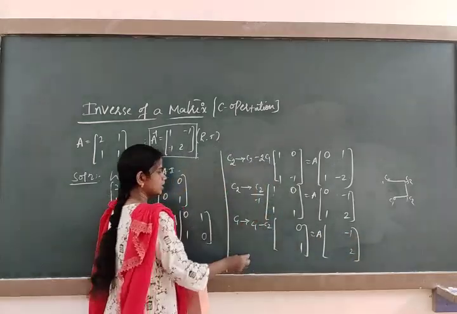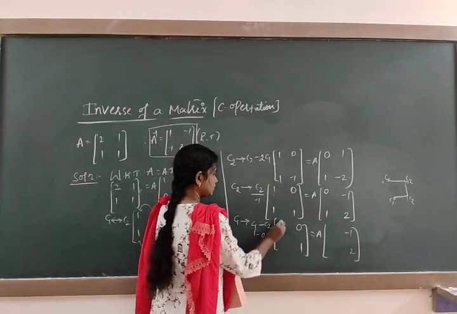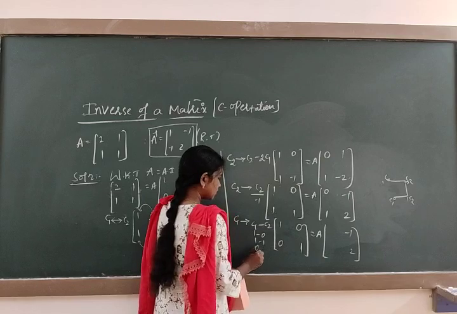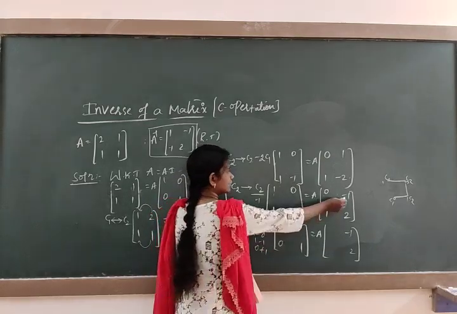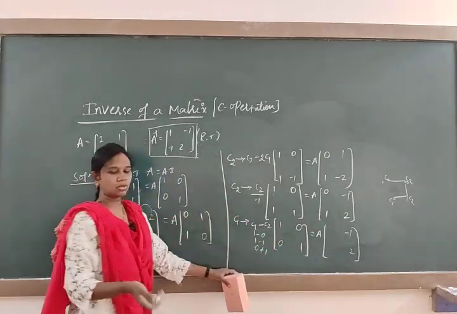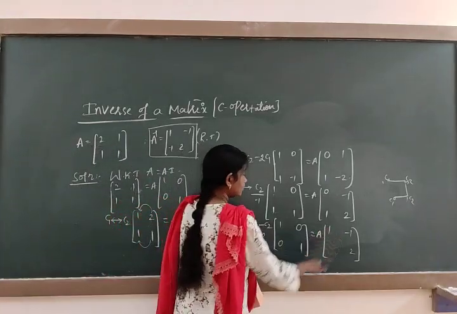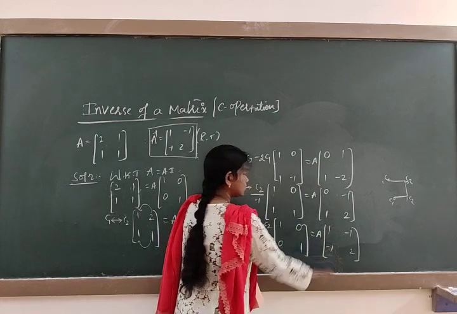Now substitute: 1 minus 0, it's a 1; 1 minus 1, it's a 0; 0 plus 1. Why am I taking plus 1? Because it's a minus, and in the transformation also minus, minus minus becomes plus. 0 plus 1 is a 1, and this is 1 minus 2, minus 1.